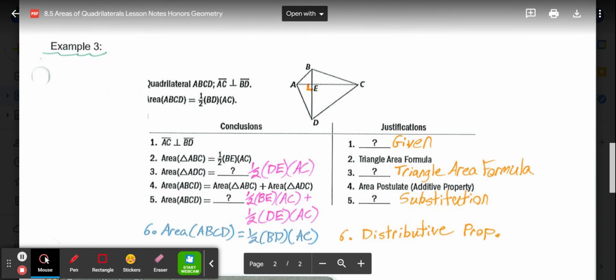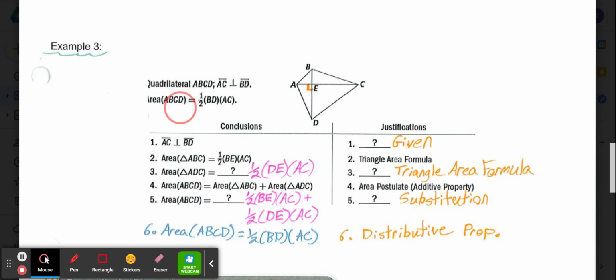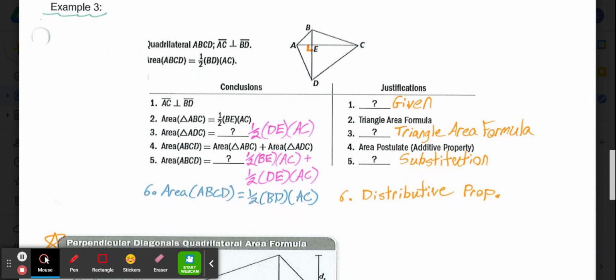We want to prove that the area of the whole quadrilateral is half the measurement of BD times AC, so half of the two diagonals multiplied together. Let's look at this proof.